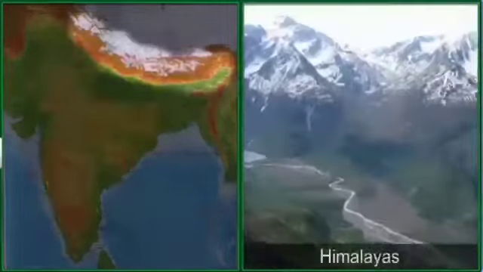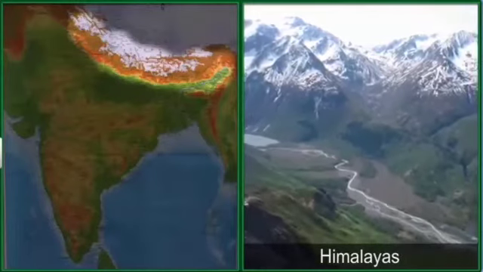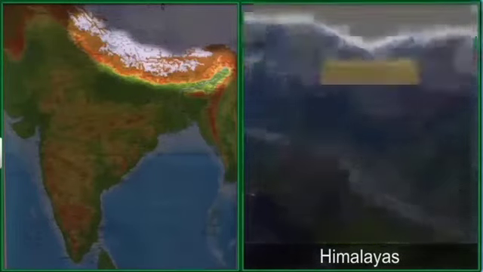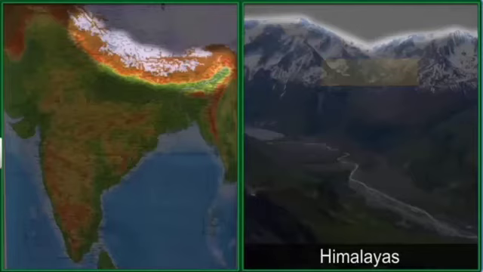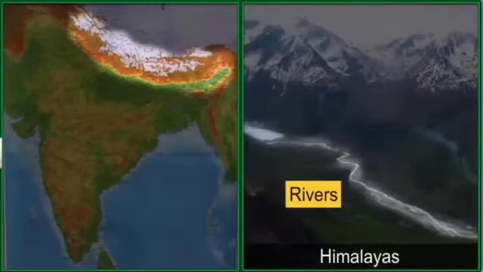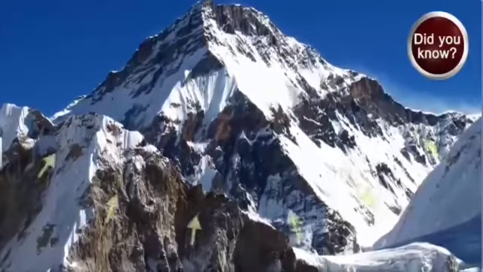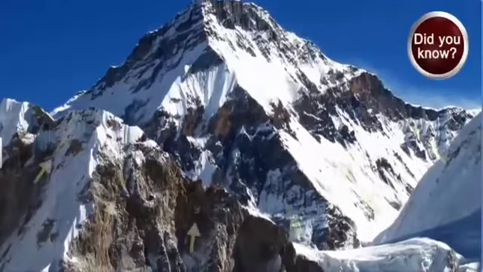The Himalayas are a relatively younger physical feature. They consist of high peaks, deep valleys, and rivers that are fast-flowing. Geologists believe that the Himalayas are still continuing to rise by 1 centimeter every year.